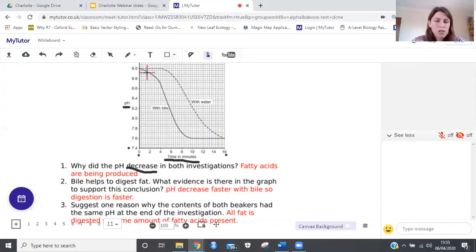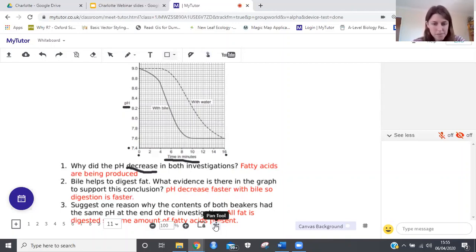So the solution is becoming more acidic more quickly, which means that more fatty acids are being produced more quickly with bile. And so bile is digesting those lipids or helping lipase to digest those lipids more quickly. So the pH decreases faster with bile, so digestion is happening faster.